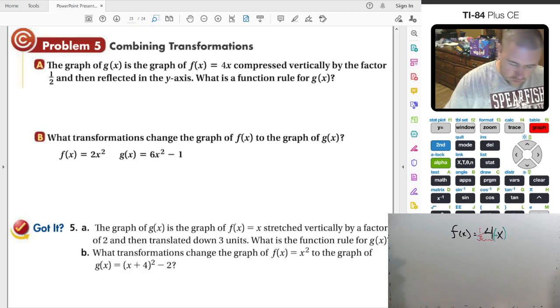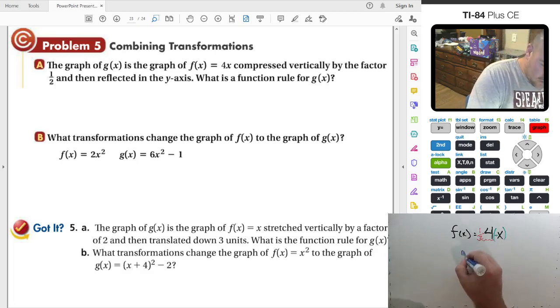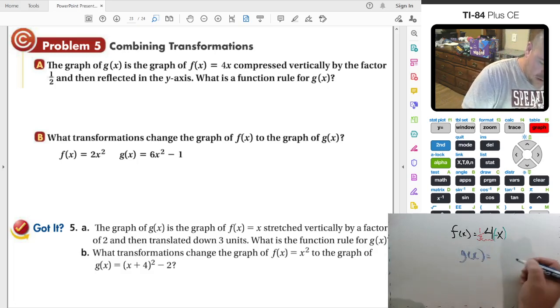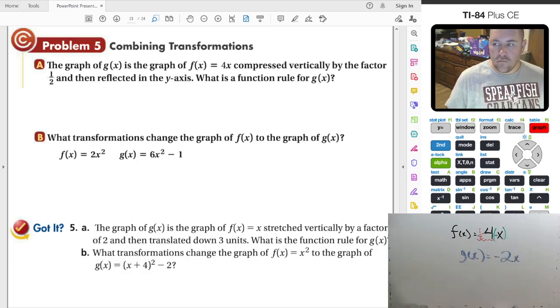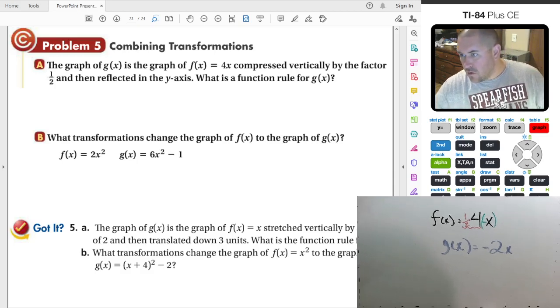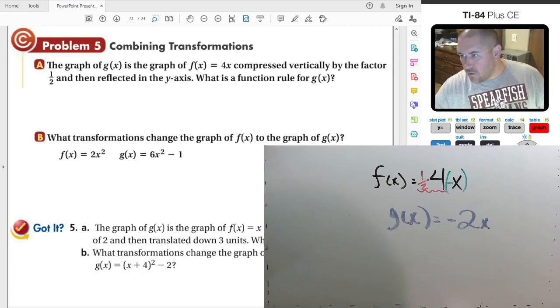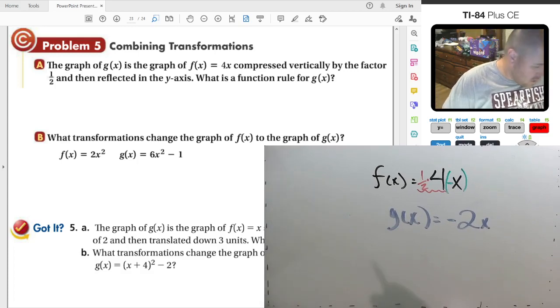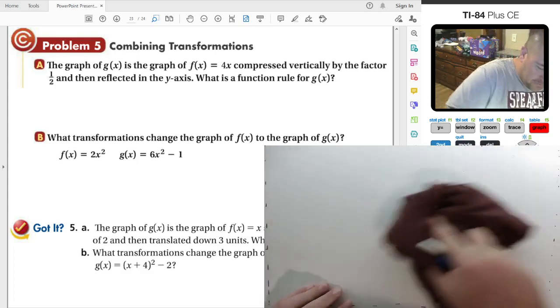You turn that whole honkin' works into g of x is negative 2x. Okay? I hope this is big enough for y'all, right? I hope so. Here, let's make that even bigger. We don't need to see the bottom problem yet. There you go.